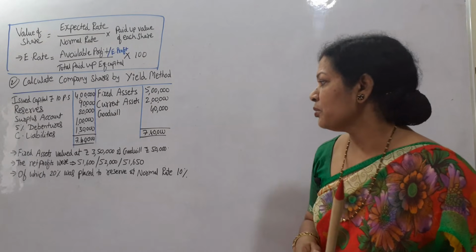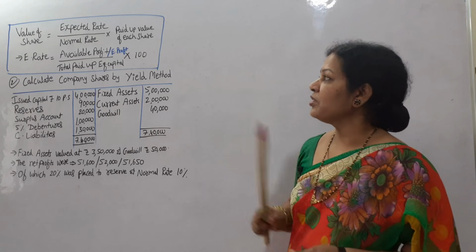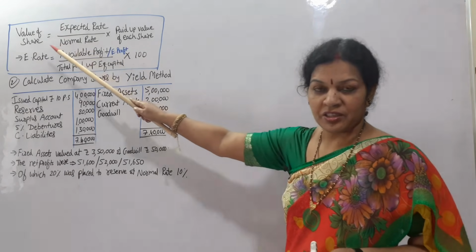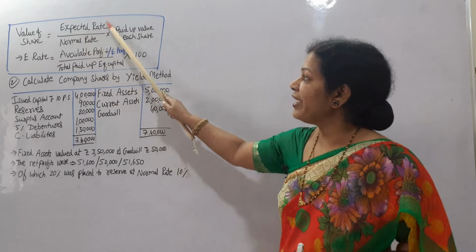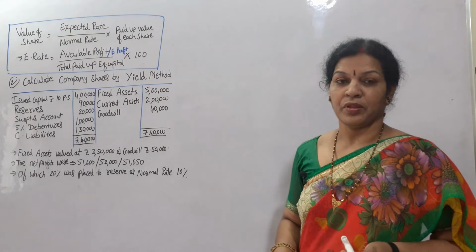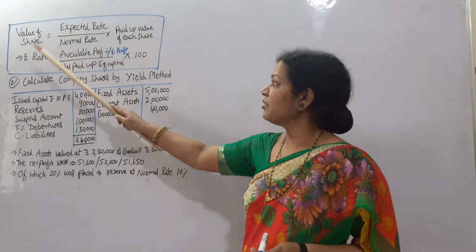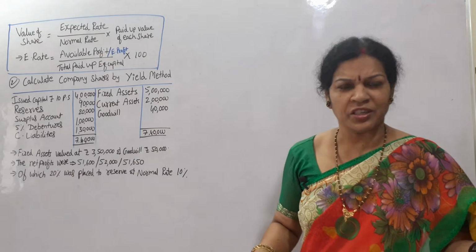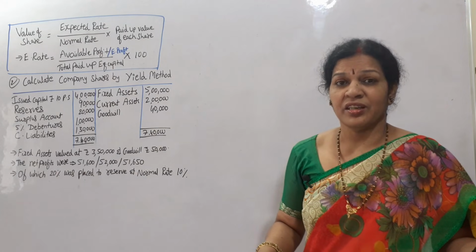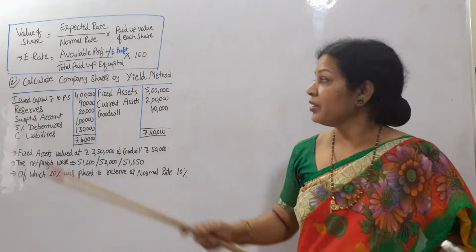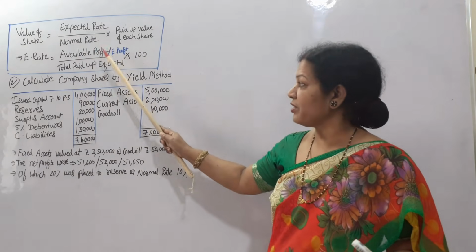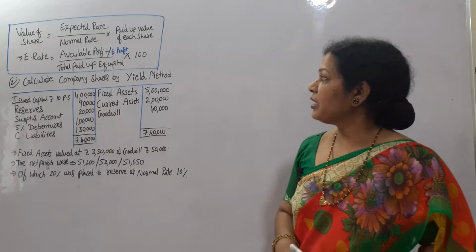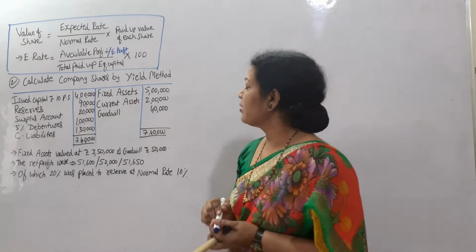To calculate the value of shares, first we need the expected rate. How do we get the expected rate? Through available profit, or expected profit, anything you can say. Expected profit we want, and the total equity capital is 4 lakh.